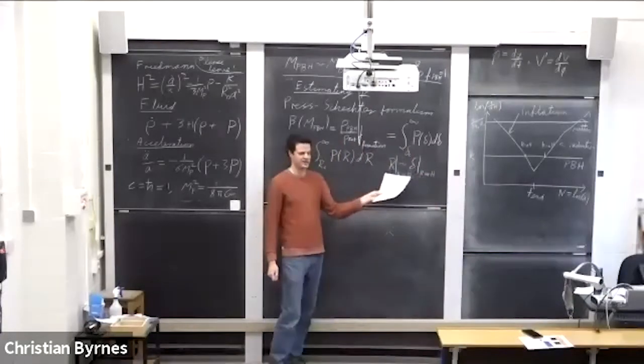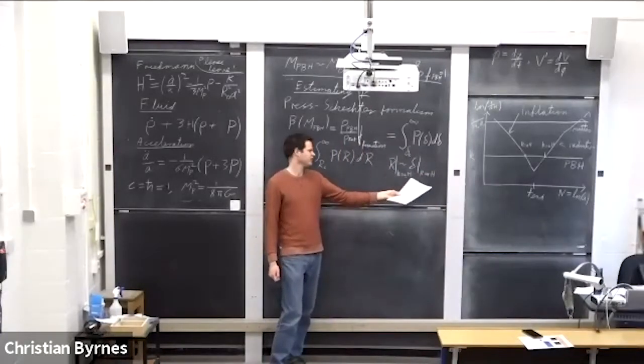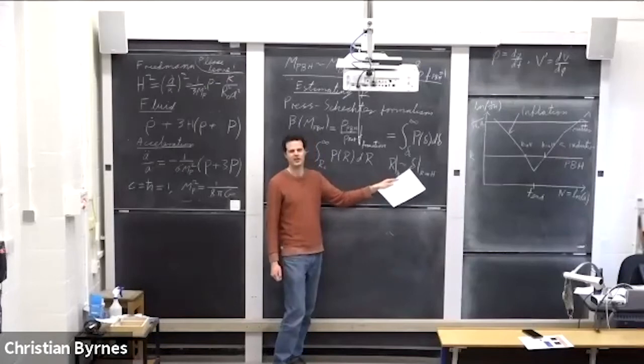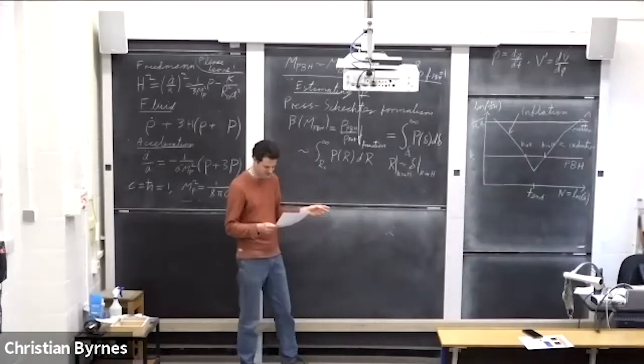Away from the horizon, this relation can be completely wrong. It also depends on your gauge. This is in comoving gauge, but I just don't have time to go into gauge issues.